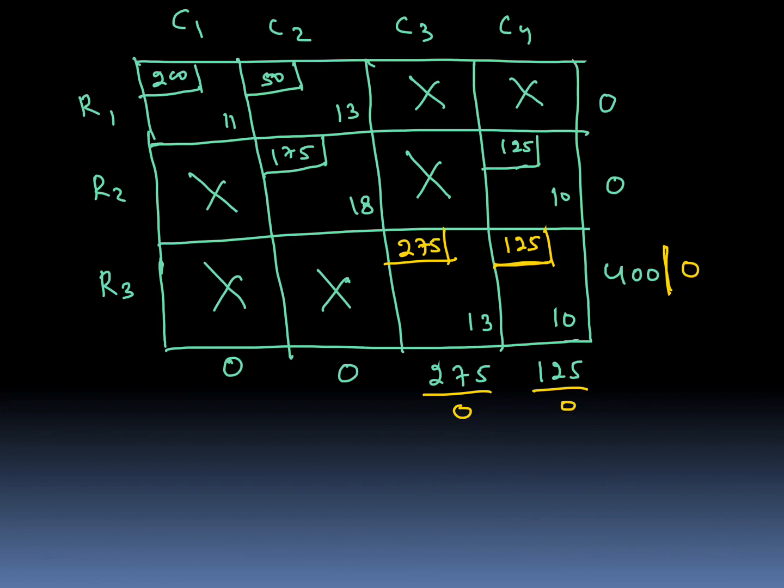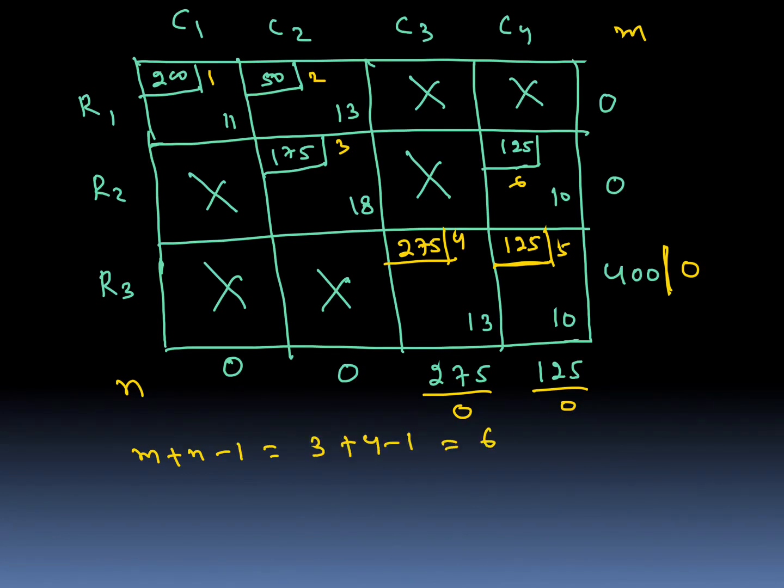So here how many allocated cells? 1, 2, 3, 4 and 5. One more is here, 6. So M is the number of rows, it's 3. N is the number of columns, 4. M plus N minus 1: 3 plus 4 minus 1, it's coming 6.